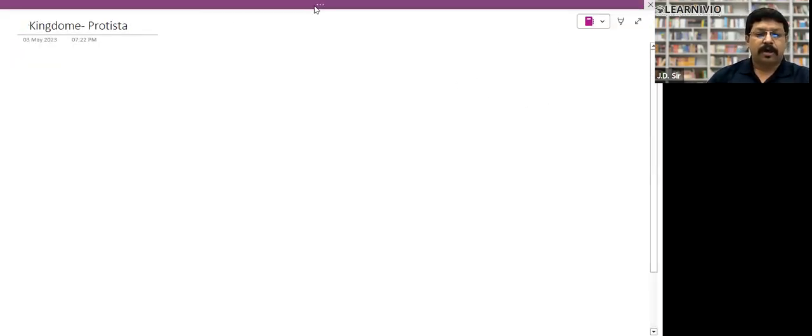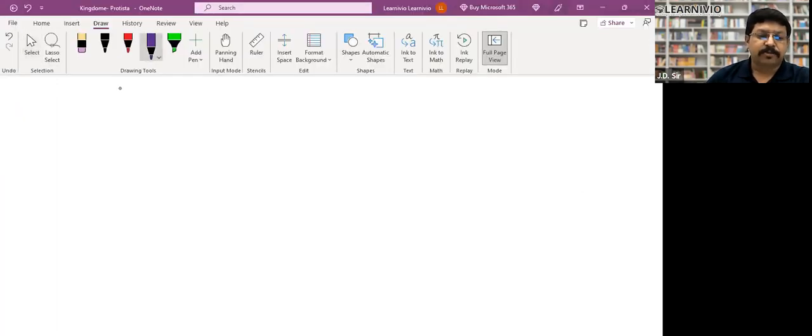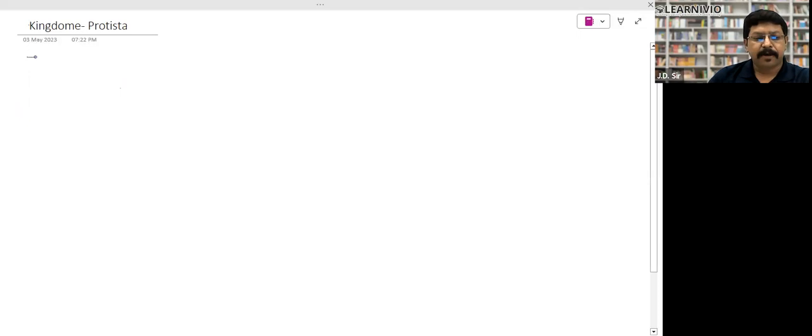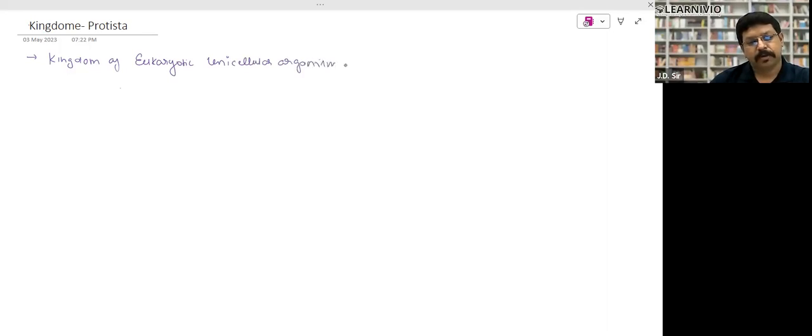Again, if we talk about how the Protista kingdom was separated, we have discussed in detail that this is the kingdom of eukaryotic, unicellular organisms. Agree? Eukaryotic means they will have a nucleus, and unicellular organisms, right? And further we divide it.